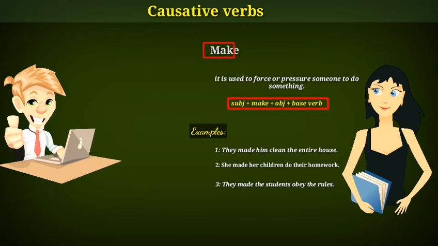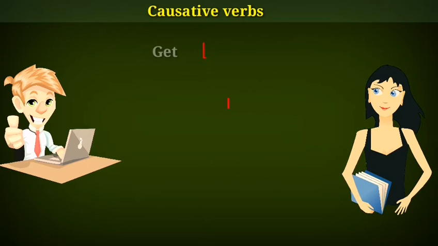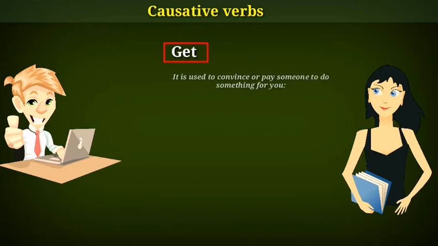And look at another causative verb, that is get. The causative verb get is used in a situation to convince someone to do something for you or to pay someone to do something for you. For instance, you are ill and you cannot do something, and you convince someone and he does something for you.